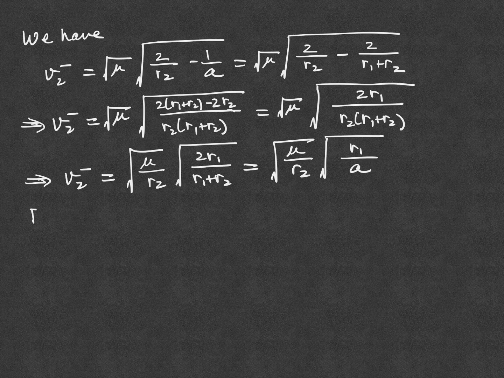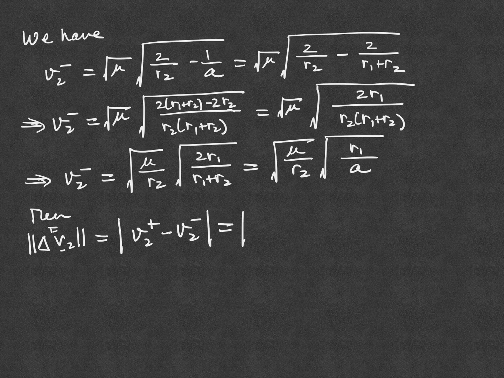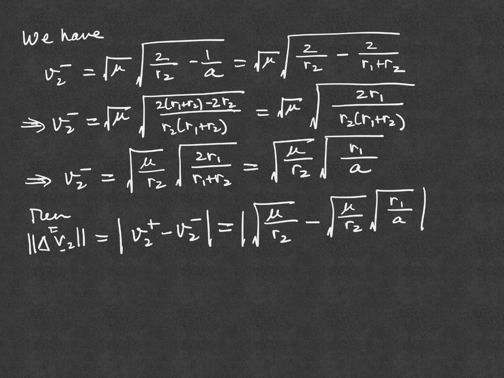So then, using that result, we have that the magnitude of delta v2I is equal to the absolute value of v2 plus minus v2 minus, which is equal to the absolute value of the square root of mu over r2 minus the square root of mu over r2 times the square root of r1 all divided by a.